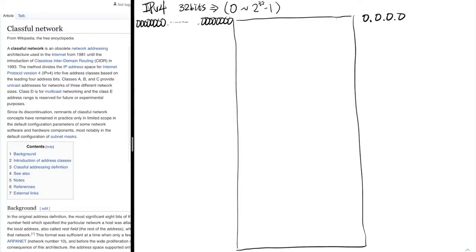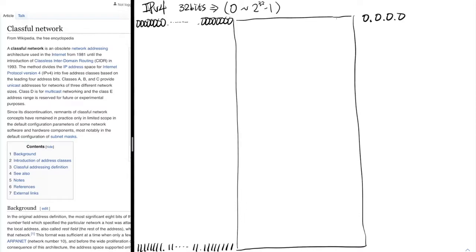Similarly, the last IP address should be all bits with ones, right? We have a lot of ones right here, and at last all ones in these 32 bits.